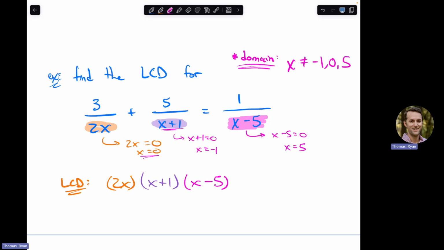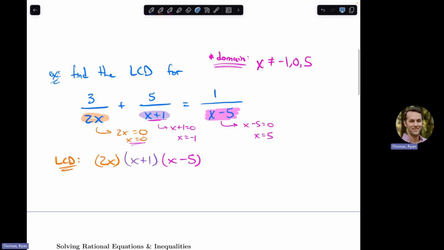If we wrote out the domain, it would be -infinity to -1, -1 to 0, 0 to 5, 5 to infinity, something like that. But those three values are problematic. So if we work through this and solve and I see any of those show up, I know I need to exclude that, or toss that out. That's an extraneous solution, or a false positive kind of.